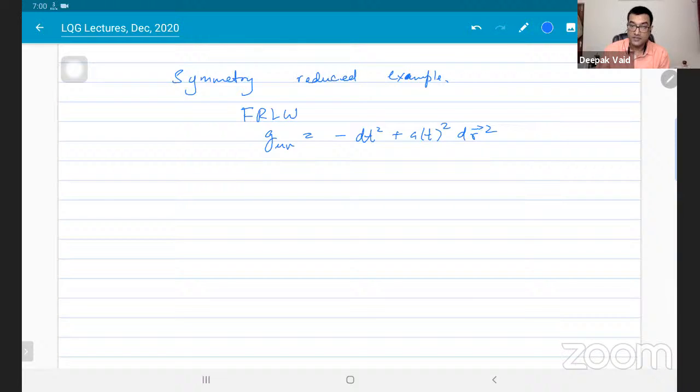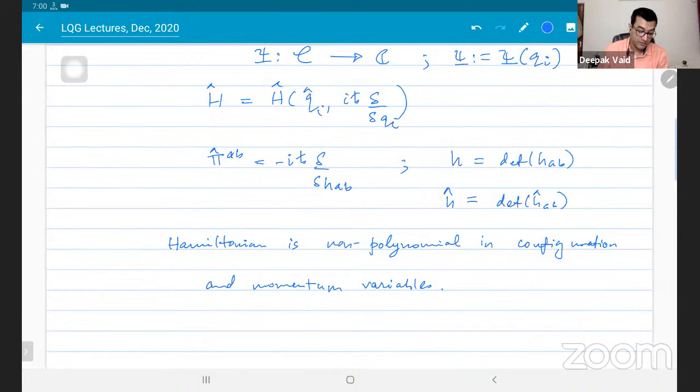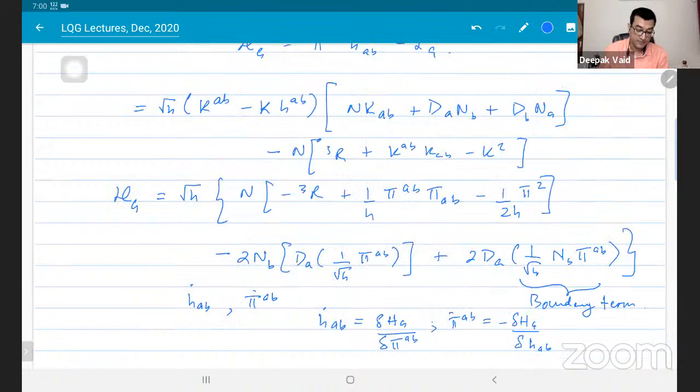So in this case, now the expressions for your lapse and shift, so your shift, for instance, would be 0. And your lapse would be, I think, just a. And your expressions will simplify considerably. Your expression for the Hamiltonian will become much simpler.